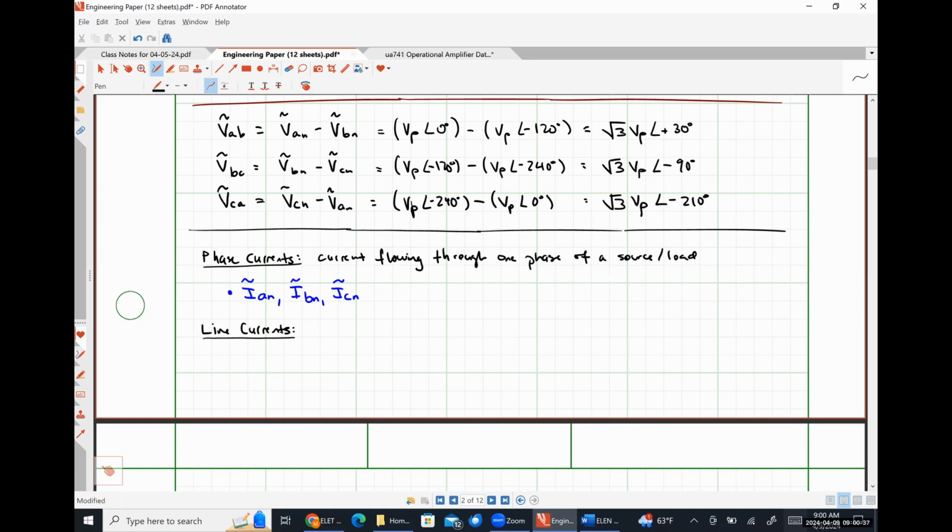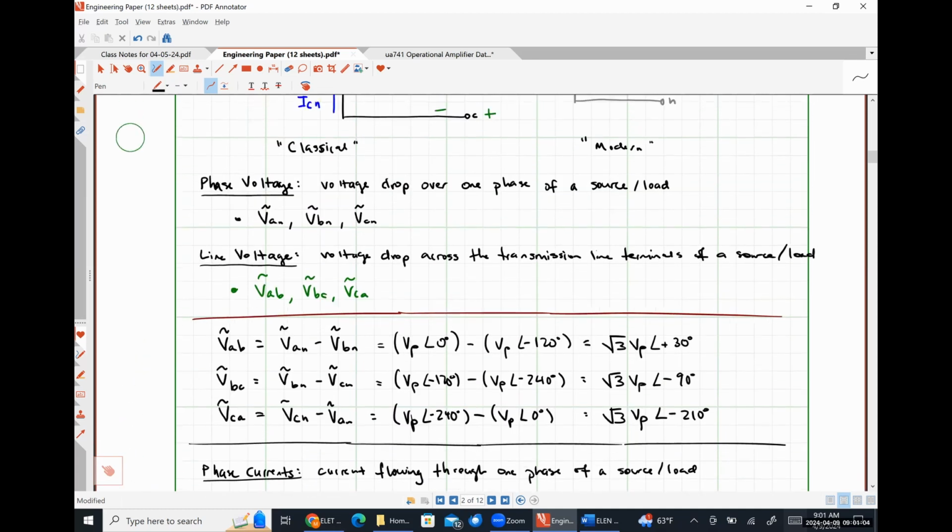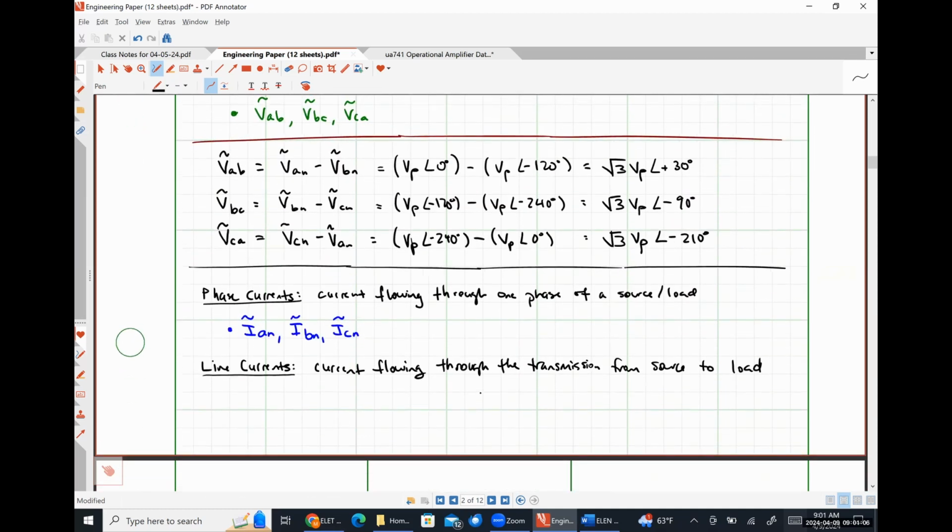So line currents are nothing more than current flowing through the transmission line from source to the load. Now, let me scroll back up so you can finish writing that.